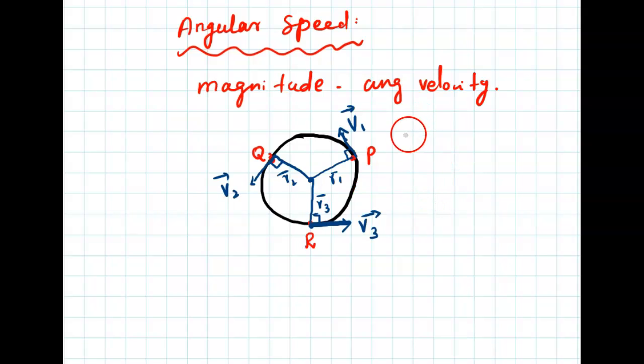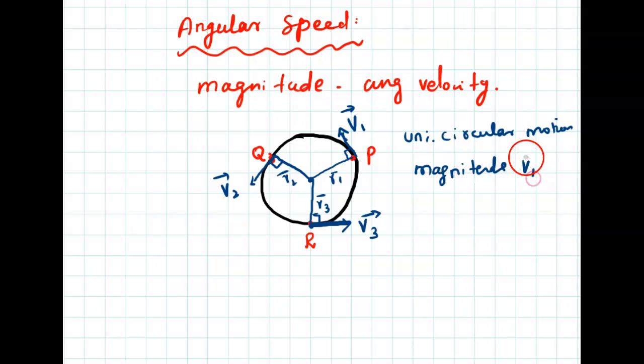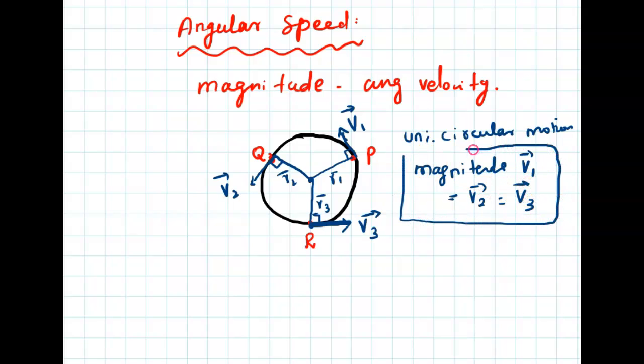Now if it is uniform circular motion, if the object is moving in a circular path and this motion is uniform circular motion, then the magnitude of v1 vector is equal to the magnitude of v2 vector, and the magnitude of v2 vector and v3 vector will be equal.